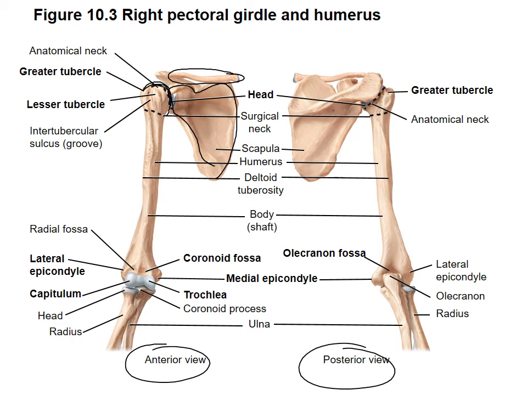The head of the humerus fits into the glenoid cavity there, and we'll talk about the other parts of the humerus in a second. But this upper part, you have two tubercles where muscles attach. There's a greater and lesser tubercle. There's also a groove called the intertubercular sulcus. A sulcus is a groove. And there's a tendon that goes up over that and underneath the acromion and attaches up here.